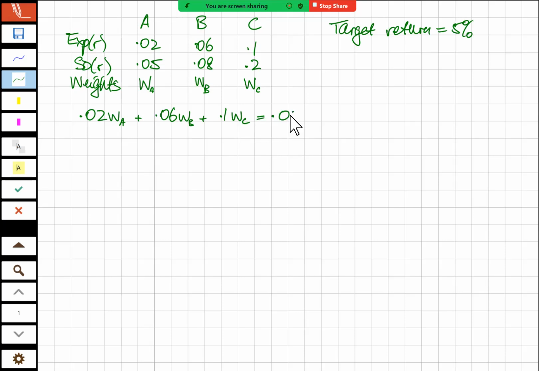This functions as a constraint on the values of WA, WB, and WC, and that's our first constraint. The other constraint is that the weights must sum to 1.